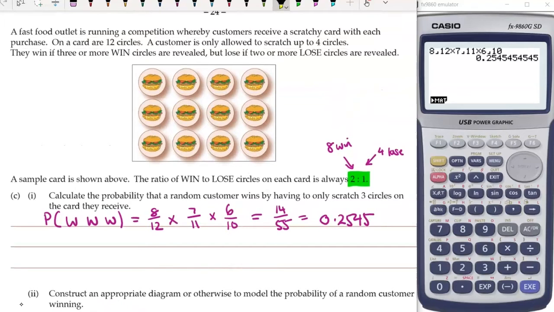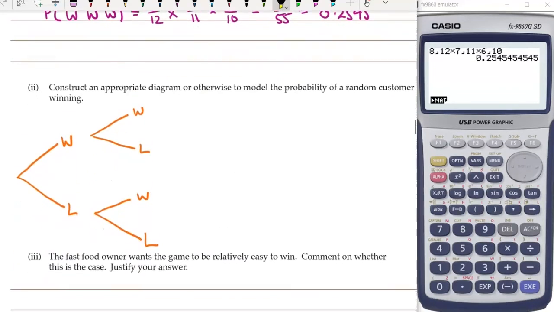We had 3 or more wins, but lose if 2 or more loses are revealed. So once we've got these 2 losses from this branch here, the loss, then we don't need to carry that branch on. This one here, if that goes to a win, again, we've won, so you wouldn't have to scratch another one.